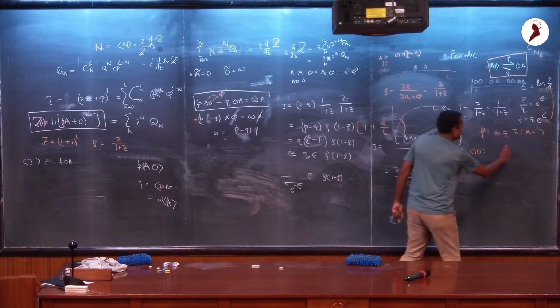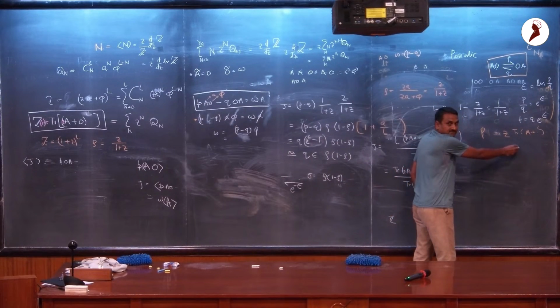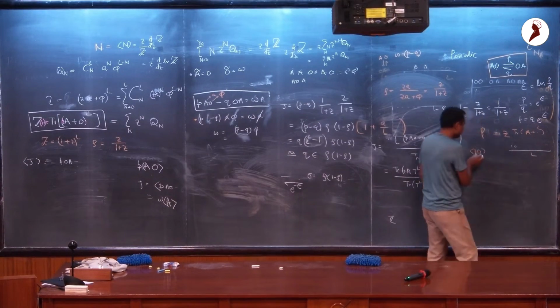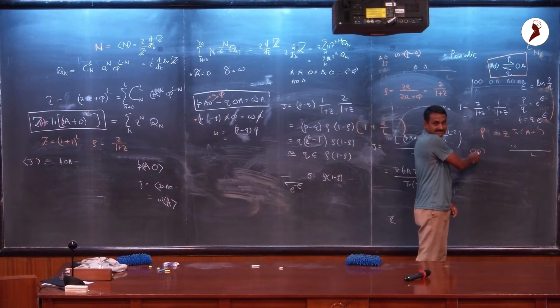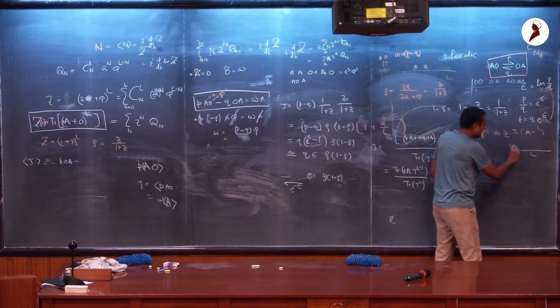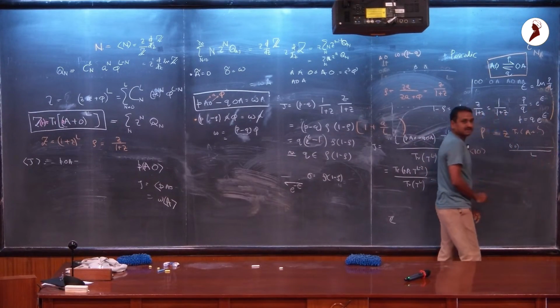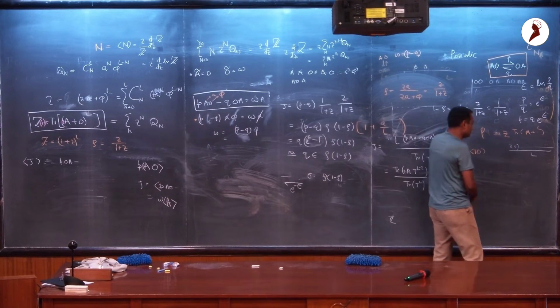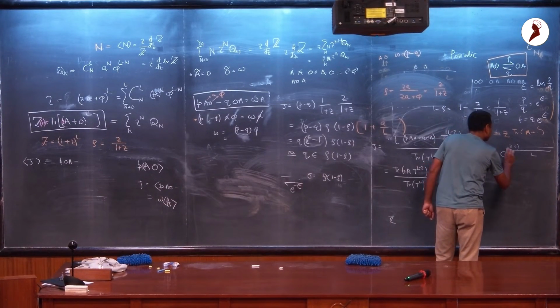So all you do is that somewhere you put 1 and 0, and the total system size is L. What is that? 1, 0 is there, and in the rest of the sites, how many particles are there? N minus 1 particles. How many sites? L minus 2. So this equals C(L minus 2, N minus 1) divided by C(L, N).